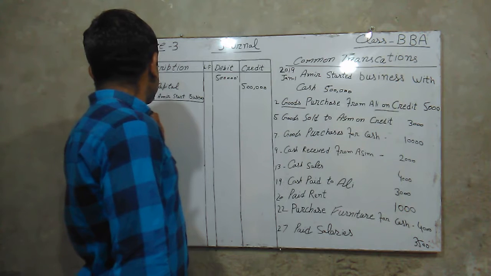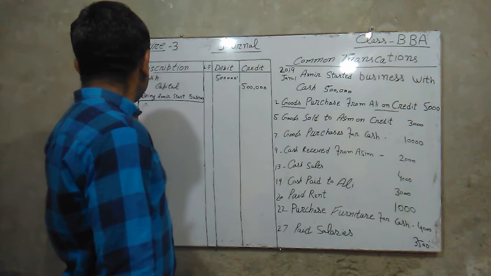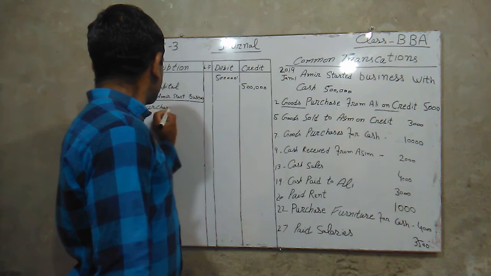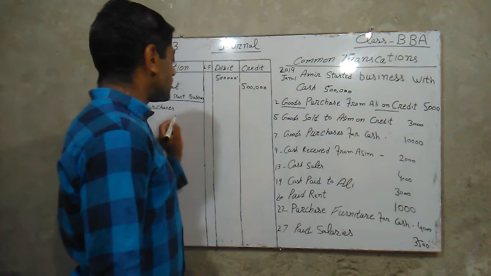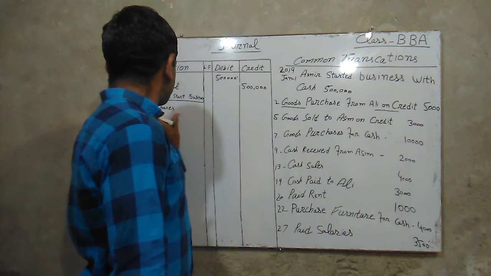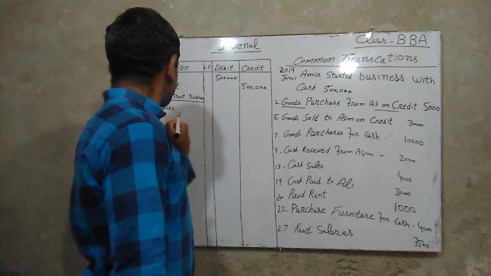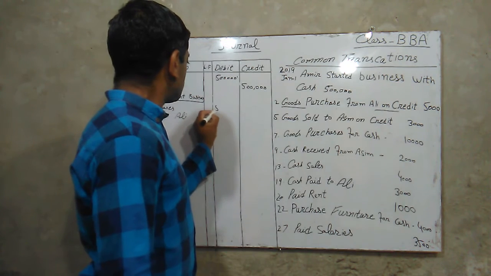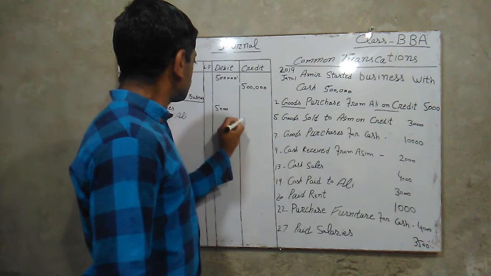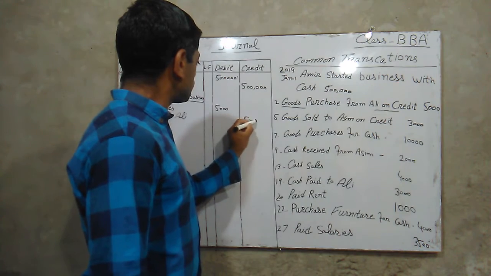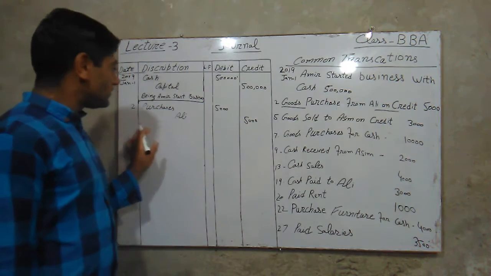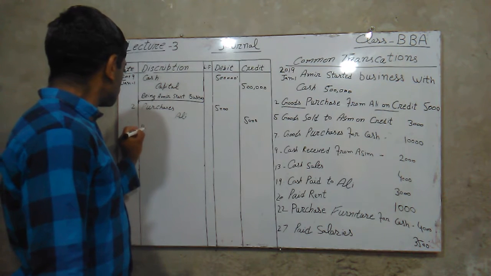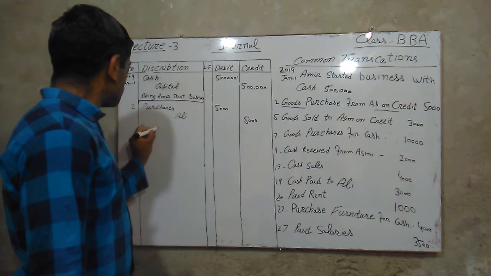Purchases debit on 2nd January, and Mr. Ali account credit, 5,000. Being purchased on credit.